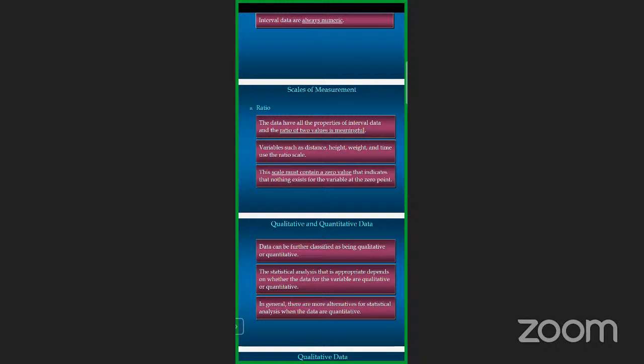So in most situations the data we are going to select is quantitative only, not qualitative. So for that reason, we'll collect the data in the numerical format.